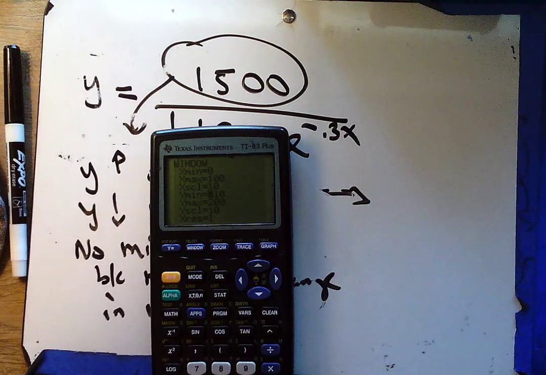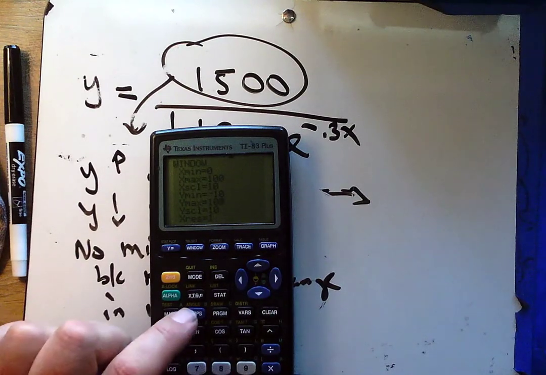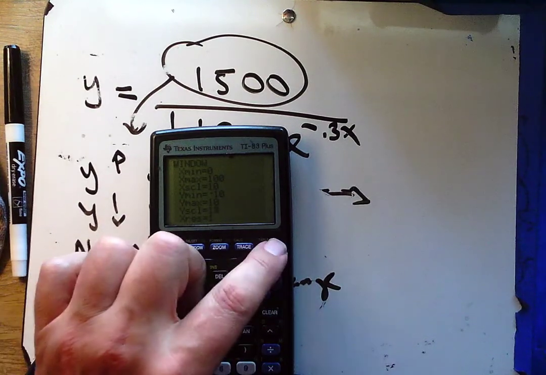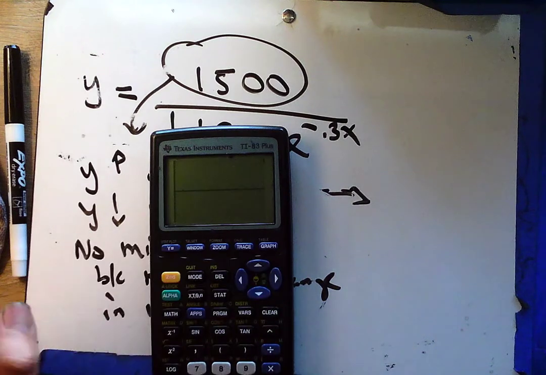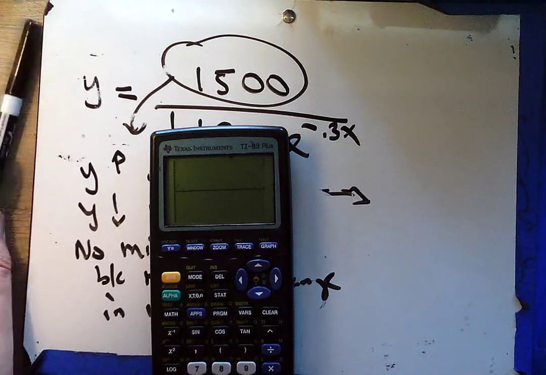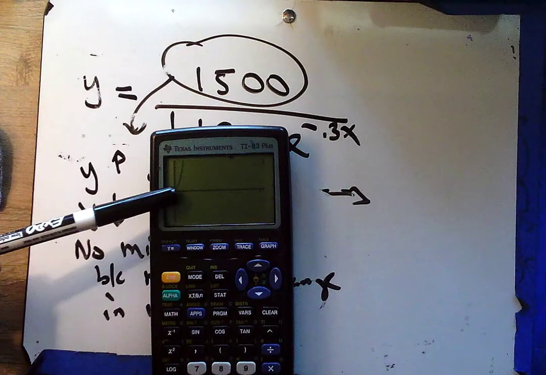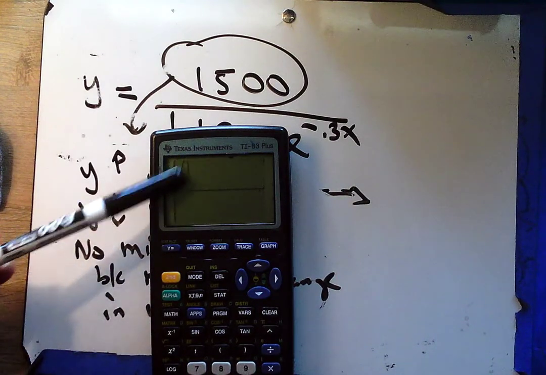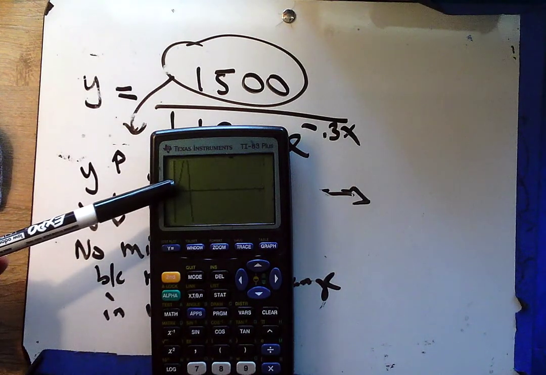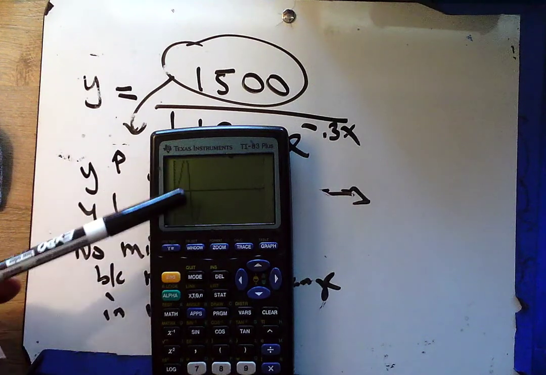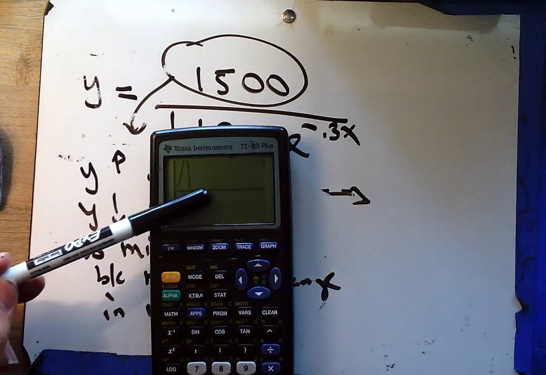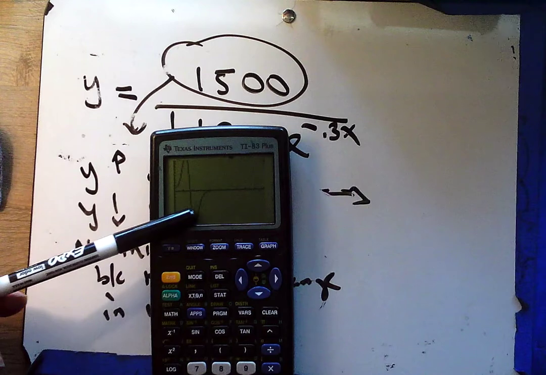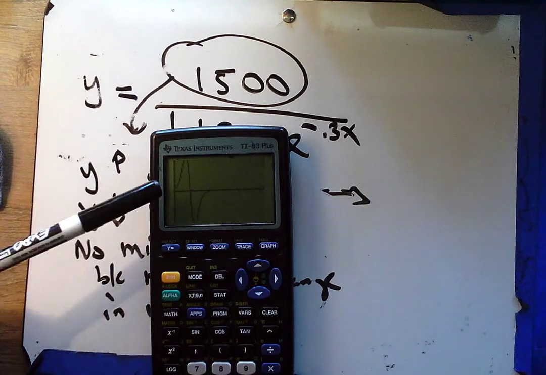So I'm going to do negative 10 to 10 and step 7. So this is y double prime now. Y double prime is above the x-axis, so y must be concave up. Then y double prime is below the x-axis, so y must be concave down.